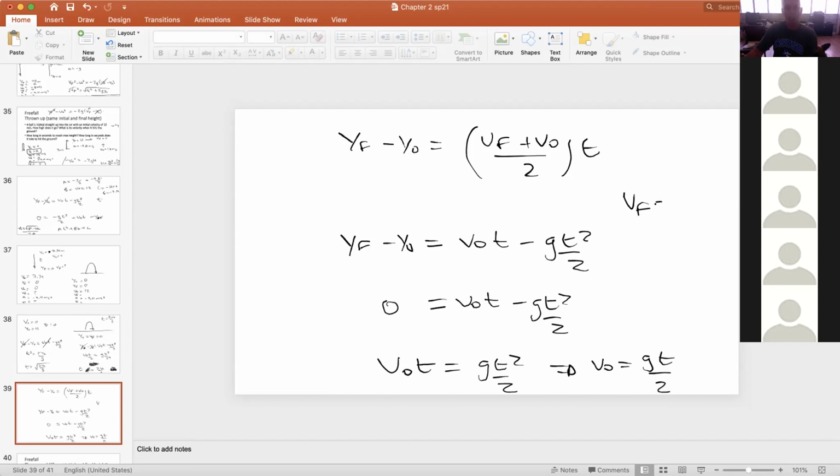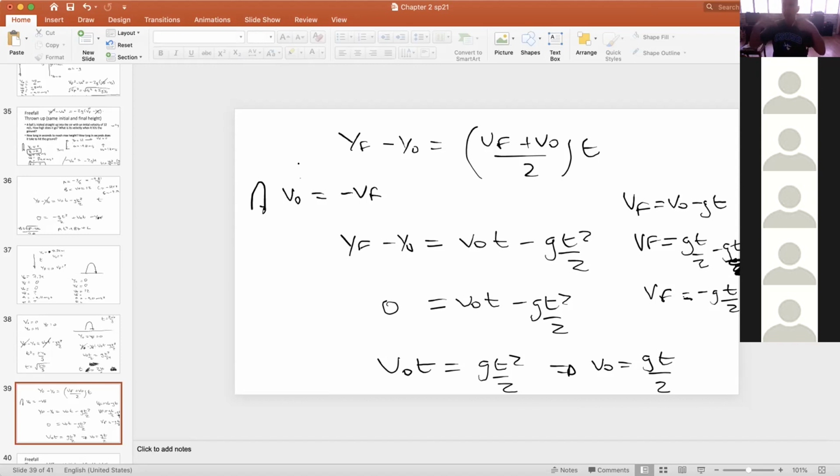And because v final is equal to v naught minus gt, v final is equal to gt over 2 minus gt, which means that v final is equal to negative gt over 2. Check that out. When we start and land at the same height, v initial is equal to negative v final. Okay? That means the speed that it goes up with is the speed that it comes down with.